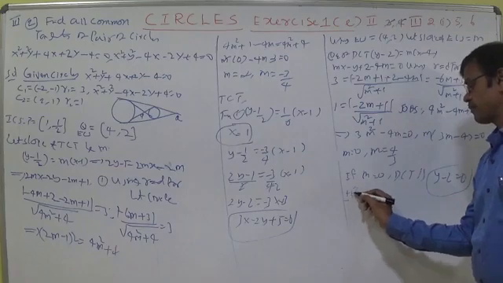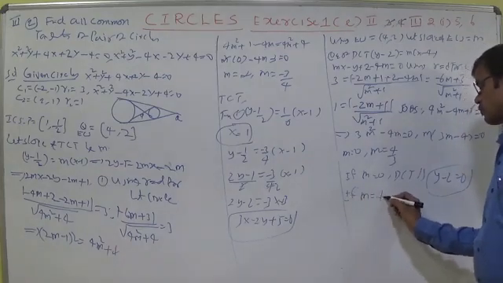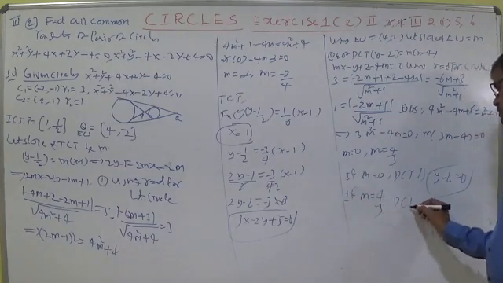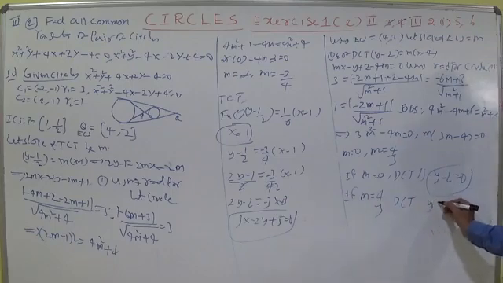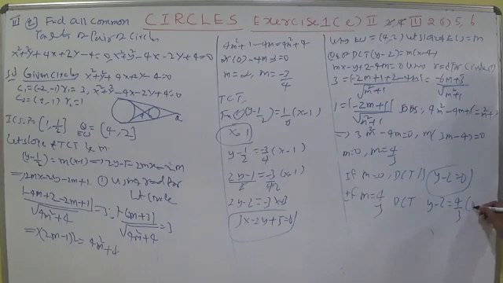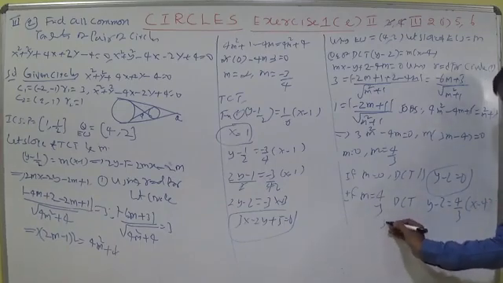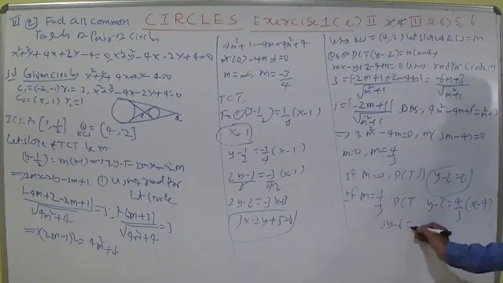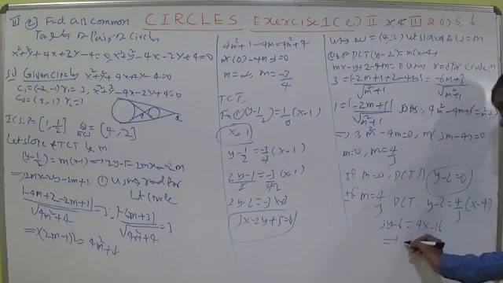If m is equal to 4 by 3, the tangent is y minus 2 is equal to 4 by 3 into x minus 4. Taking cross multiplication, we get 3y minus 6 equal to 4x minus 16, and you can write as 4x minus 3y plus 10 equal to 0.